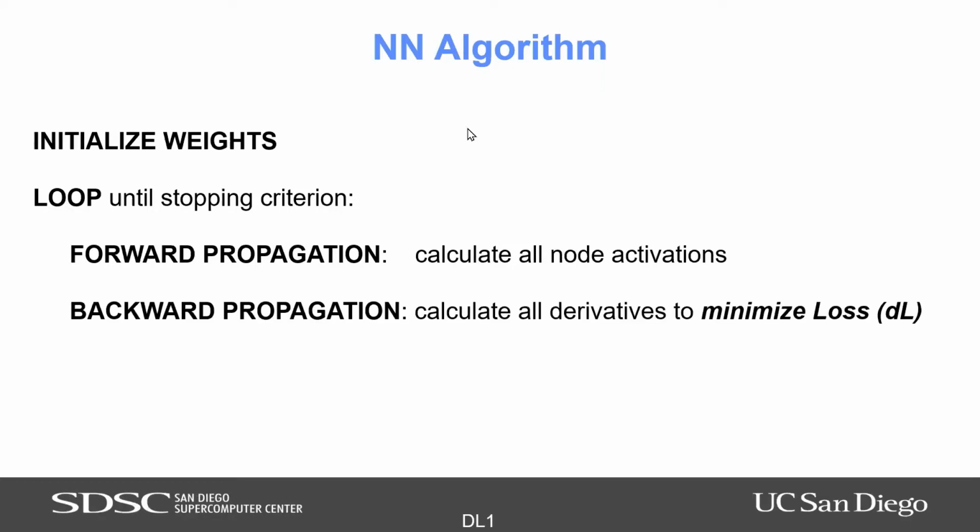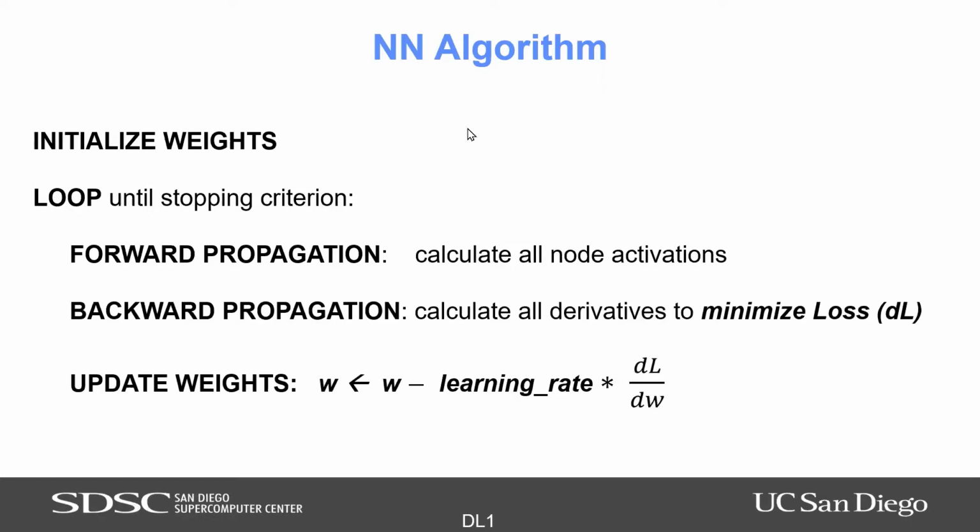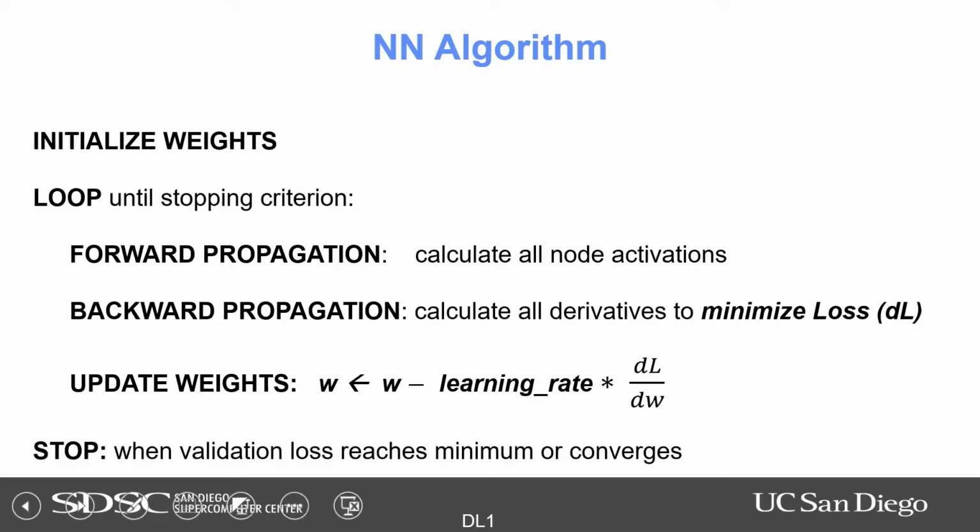We get all the node activations, calculate derivatives, we update weights. And then we stop when the validation loss reaches some minimum or converges. So if we stop updating weights, then we know we should stop. Or if we have a validation test set, where we can check and see how the network is doing against something it hasn't seen, then we would stop when that validation loss reaches its minimum.